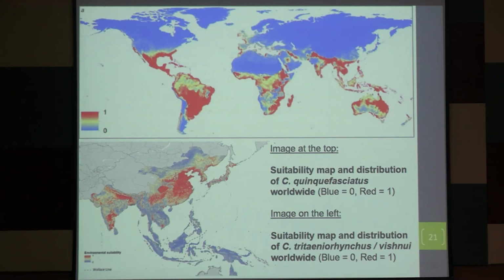And here also red portions show the distribution of Culex tritaeniorhynchus or Vishnui. West Bengal is a habitat of both, and Culex vishnui is commonly seen in North Bengal areas.